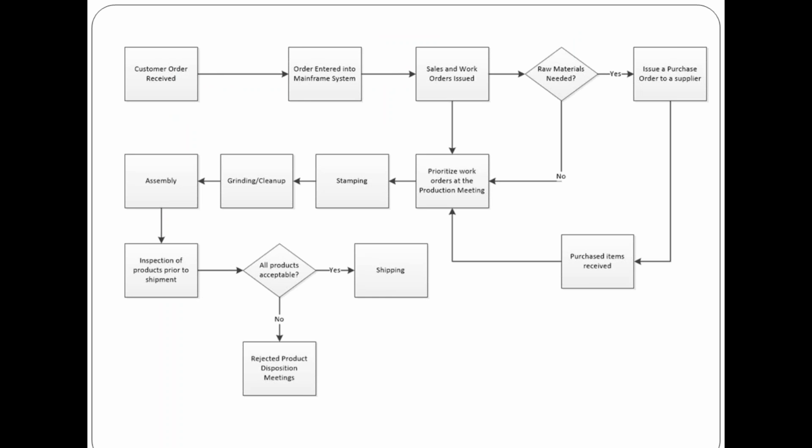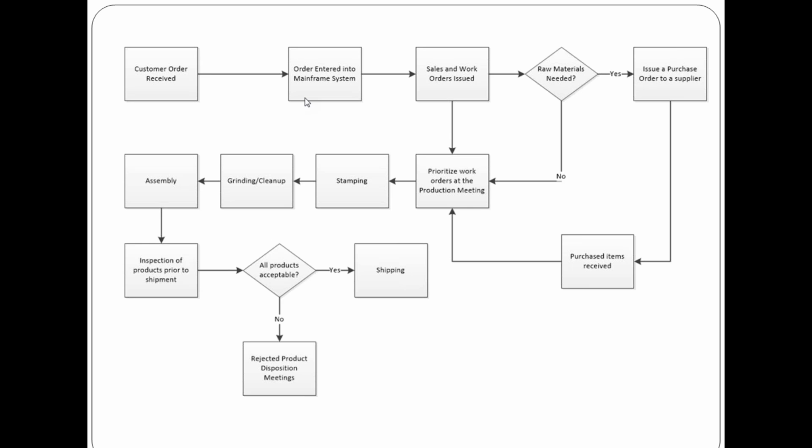Now you'll note in this case we have 12 boxes and 2 decision diamonds. Now if this is what we were given, we would immediately start questioning things. We would say, okay, does this company have 12 processes? Is something like purchased items received, is that a process?